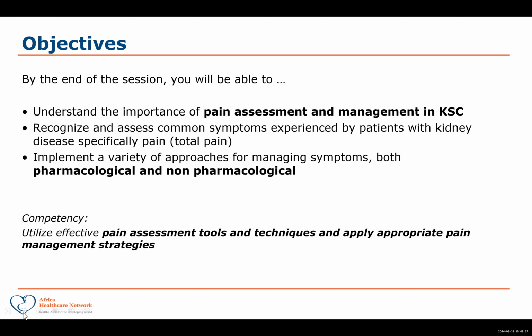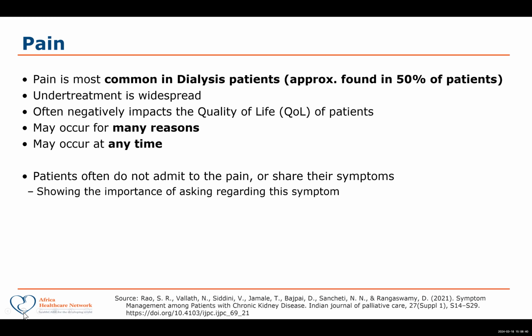As we get started today, I want you to understand that pain is actually the most common symptom in dialysis patients. It's found in approximately 50% of our patients. We know that it's widespread, that many of our patients are not treated for pain, and it unfortunately negatively impacts their quality of life. Pain in kidney failure patients can happen for many reasons, and it can happen at any time. What has resulted, though, is that patients often don't admit that they have pain or even share their symptoms.